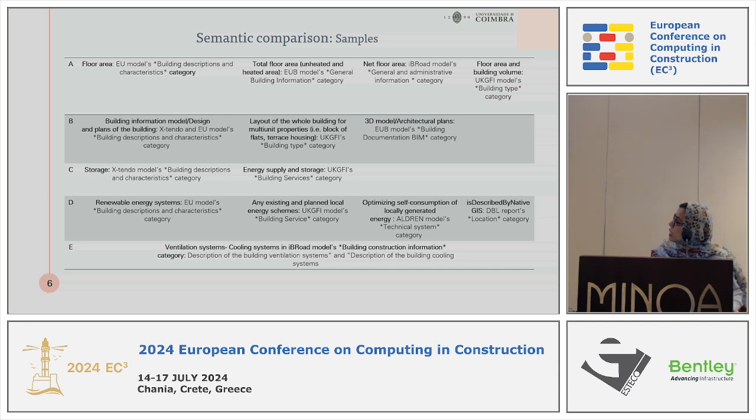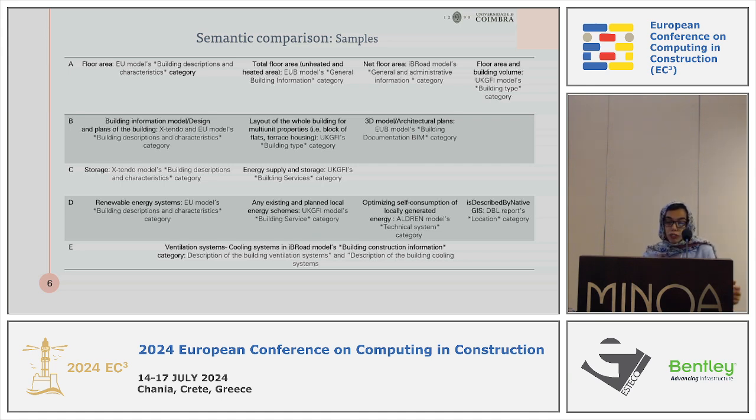You can see an example in the semantic comparison that we did. For example, the floor area in the EU model, building description and characteristic category, is equal to total floor area in the EUB model. This project was published in 2023, last year.